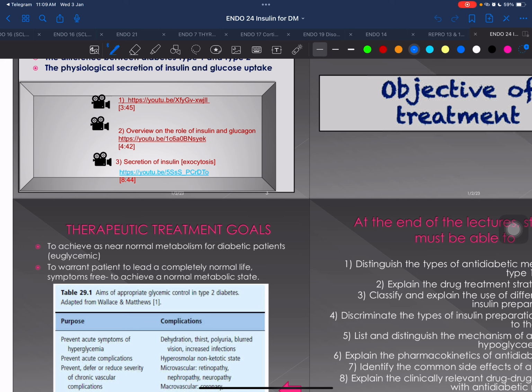Okay, you kena tahu anatomy lah, and you kena tahu how glucose is being regulated, what are the hormones involved, and you juga kena tahu the process of glucose release daripada beta cells of the pancreas.